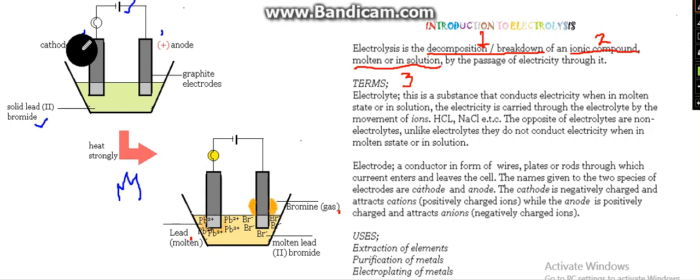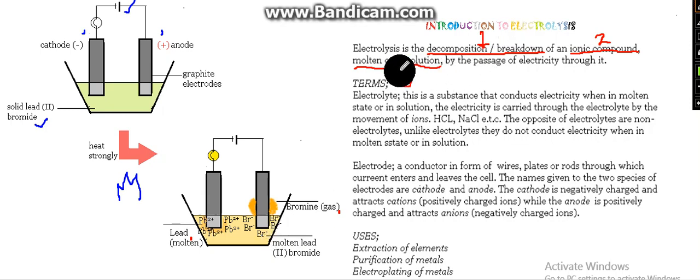Because it's negative, there's the force of attraction between positive ions and the negatively charged cathode, right? That is why it's called the cathode. While the anode is positively charged and attracts anions, and anions are negatively charged ions.